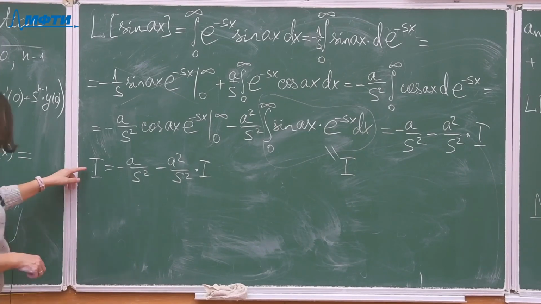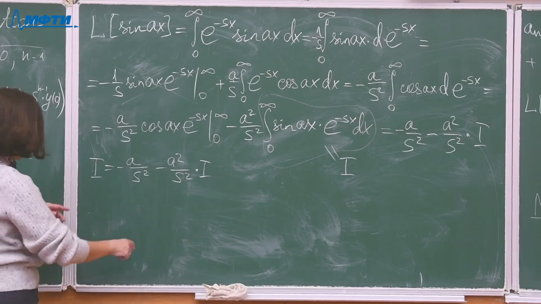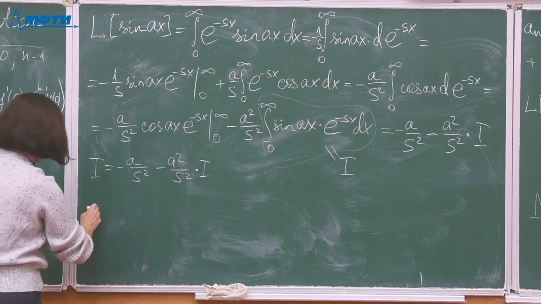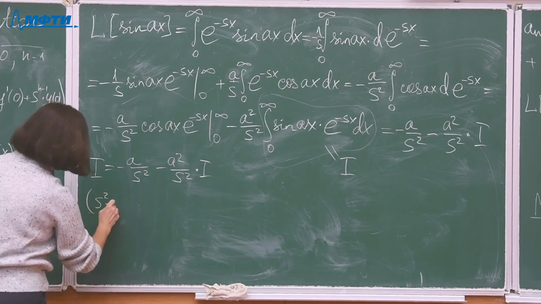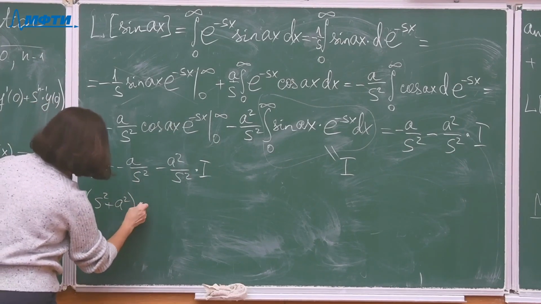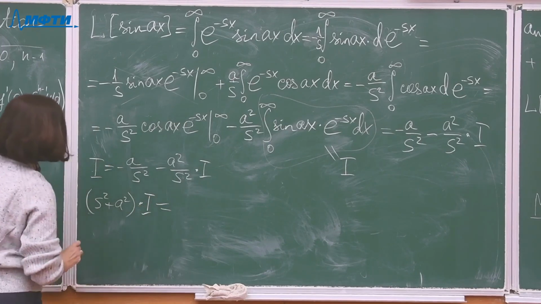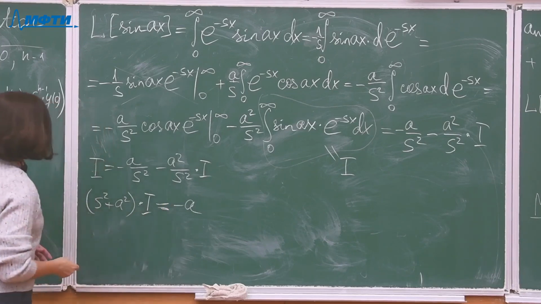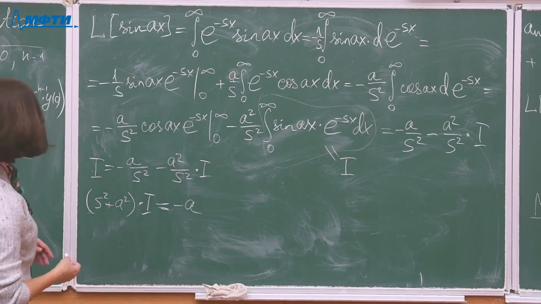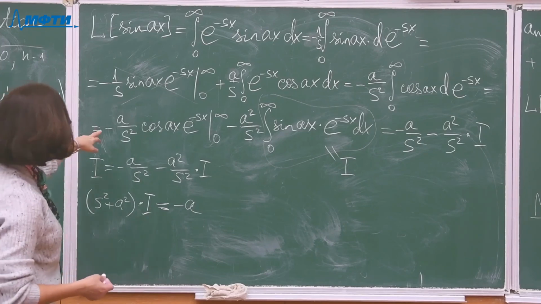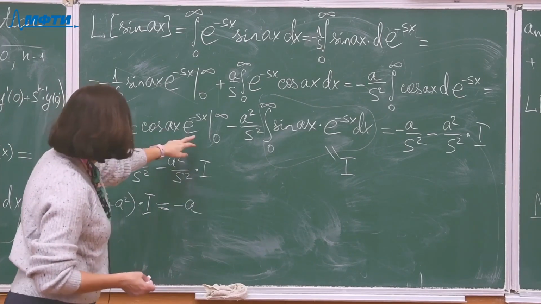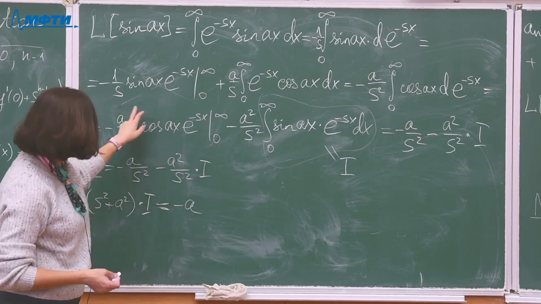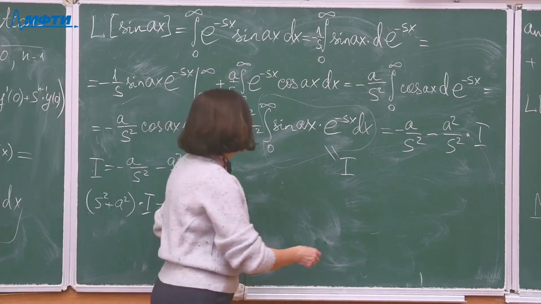Multiply all the parts by s squared and move this term to the left. We will get s squared plus a squared times I equals minus a. But it should be plus a, I think. Why? Because we should subtract: if we substitute 0, we will get minus, but it should be subtracting, so plus.